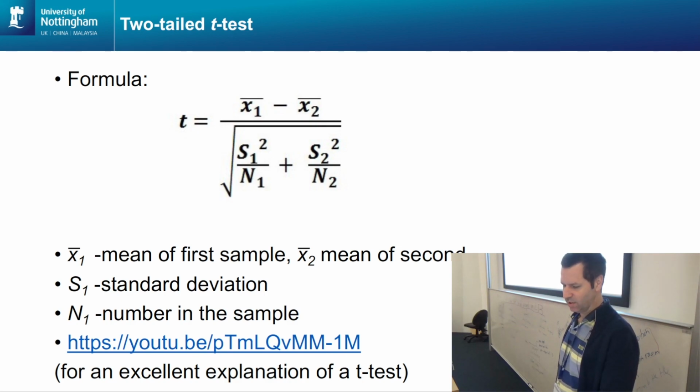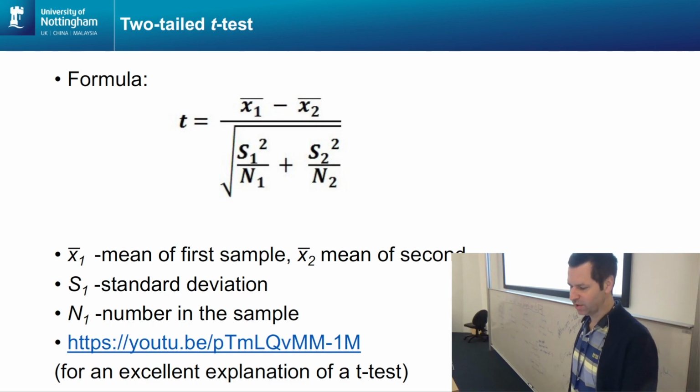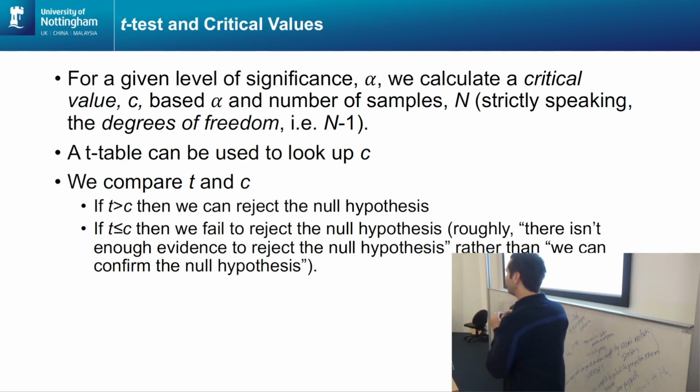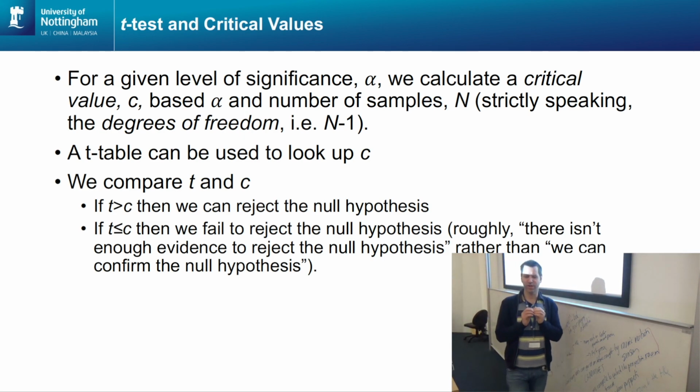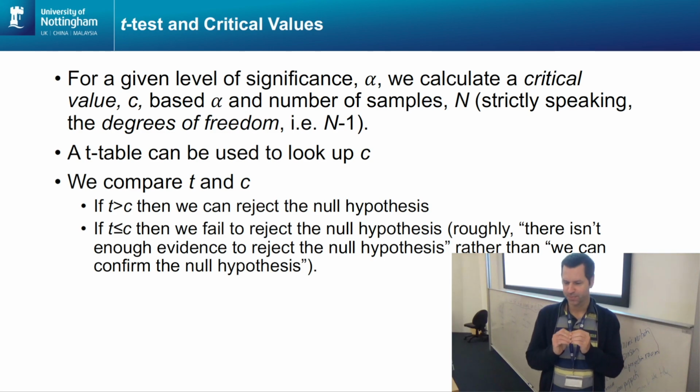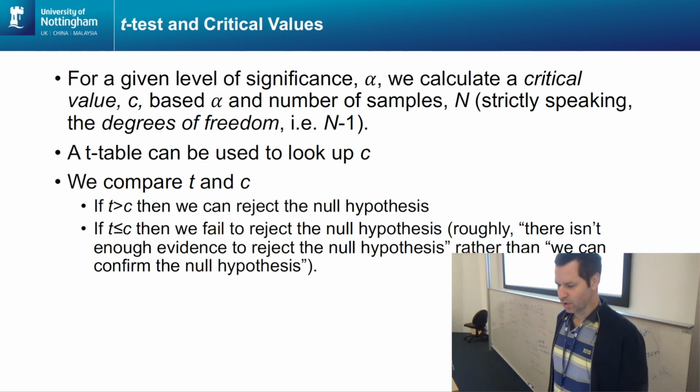So that's what statistics are. They're formulas, right? They're summaries and they're formulas. And then once you have this value, you have to compare it to a so-called critical value, based on the number of samples. And how do we do that?